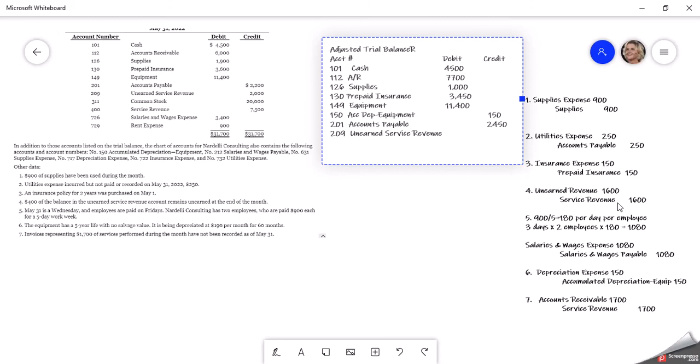So then 400 should be our end of the year balance of that. Now then we had this new account that we needed to add, this 212. So 212 was our salaries and wages payable.